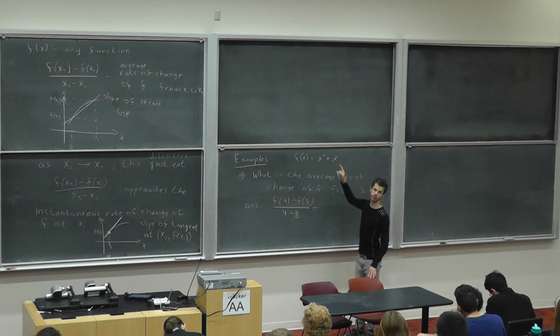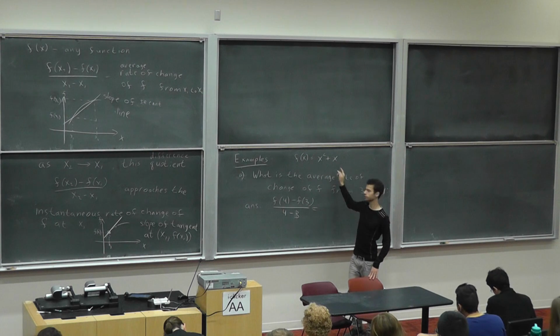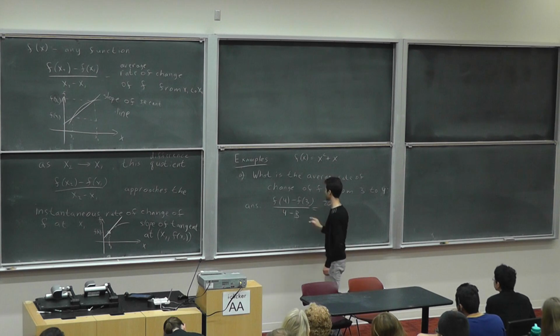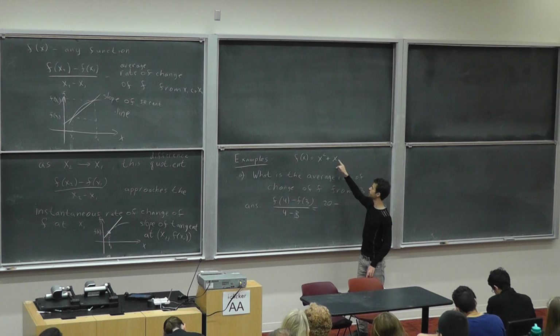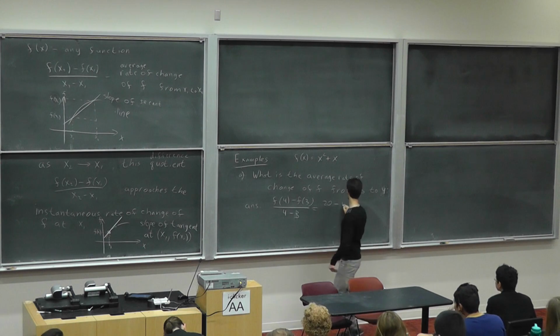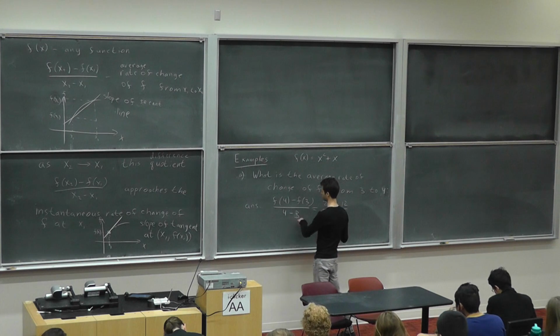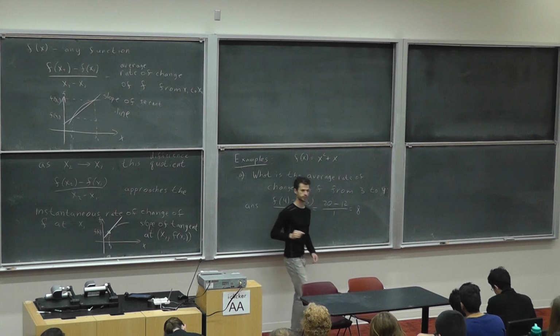The function at the point 4 is 4 squared plus 4, 20, minus f of 3, 3 squared plus 3, 12, divided by 4 minus 3, 1, which is 8.